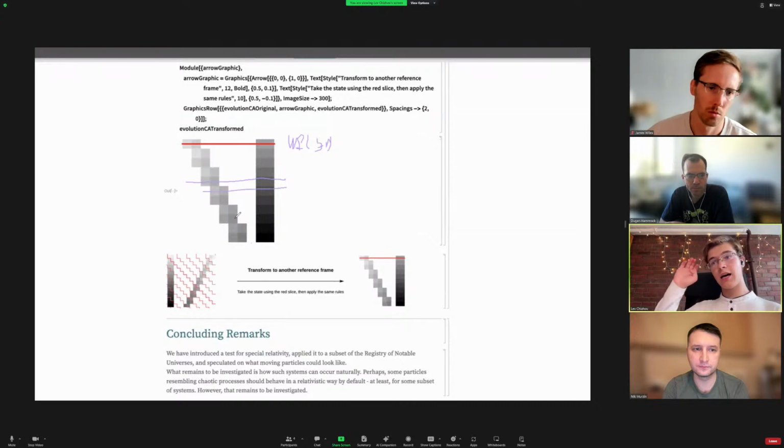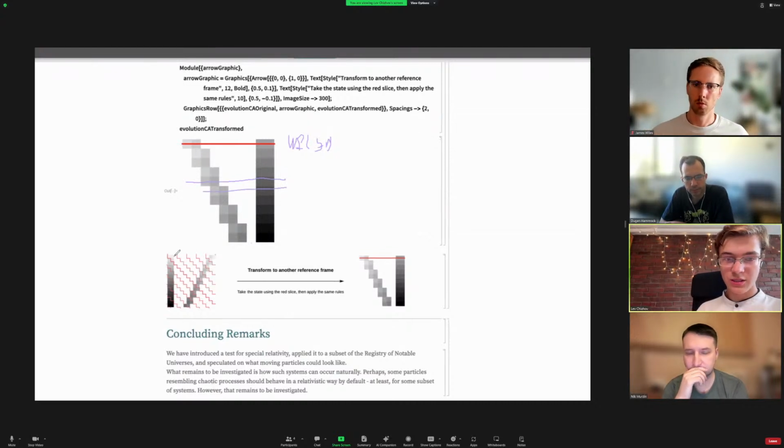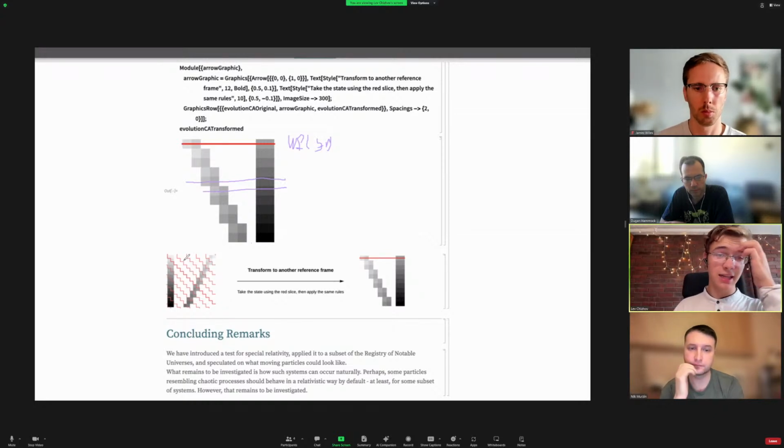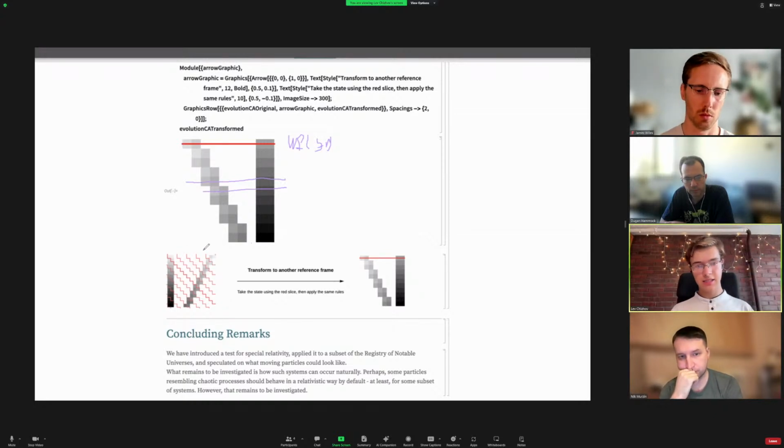However, that's just the original reference frame. What you can also do is take these tilted foliations, and just by taking the tilted slices and applying the events above the slices, you can already get a sequence of states that seem to be in a different reference frame.